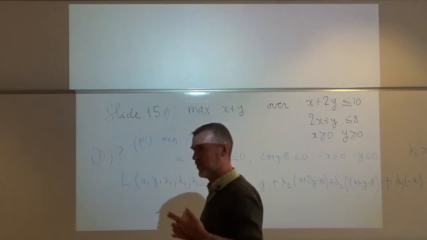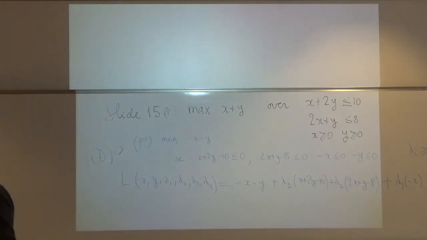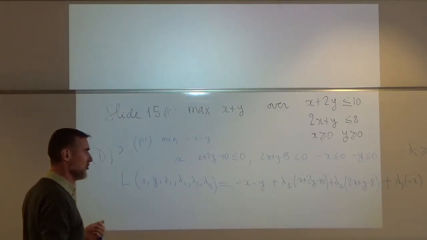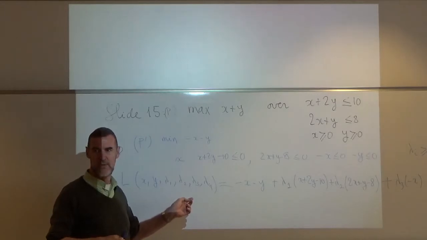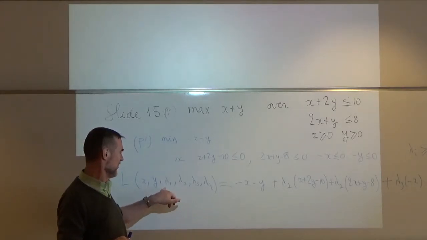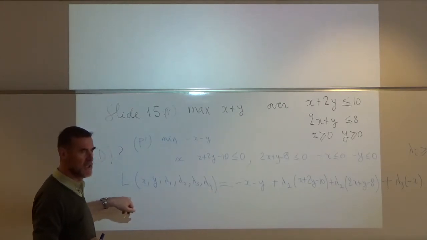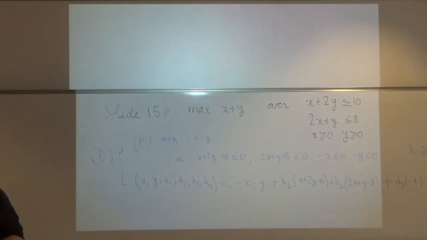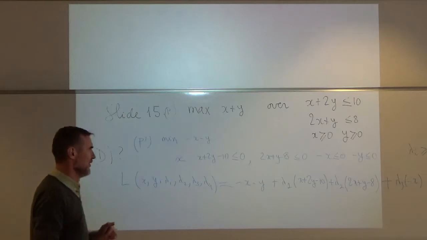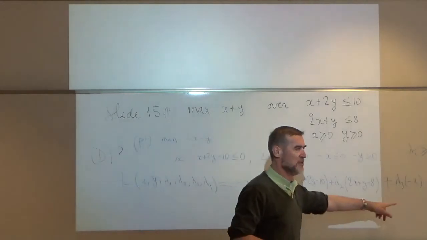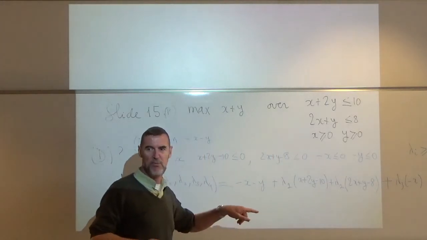That's the Lagrangian. Now I need to formulate the dual problem. So I need to find the domain of definition of the dual problem, which is the set of values of lambda such that this is bounded from below. So when I take the optimal value over x and y, I need to find values of lambdas such that this is bounded from below.